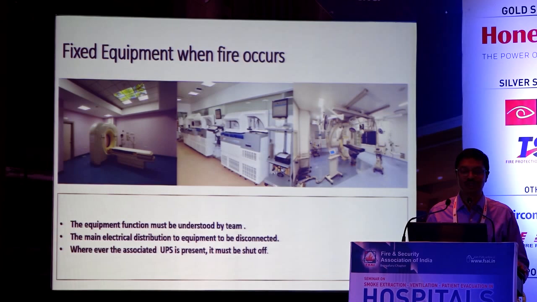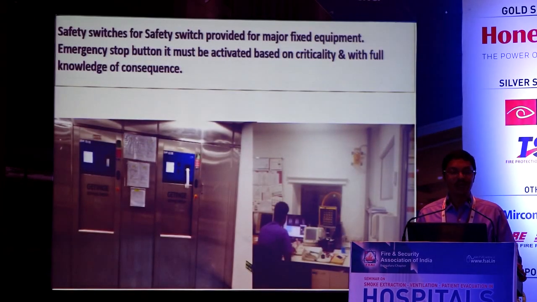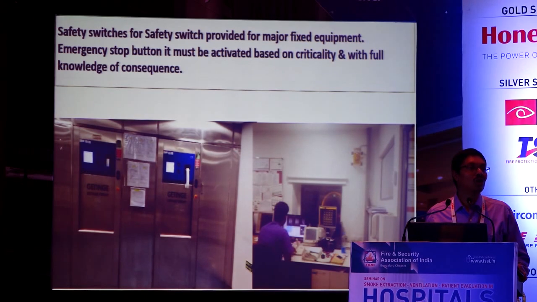There are some safety switches located with the equipment, especially fixed equipment. You need to know these are properly understood by the people. One point about the safety switch in the MRI, which is also shown.